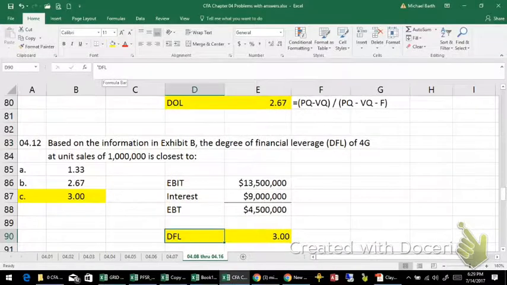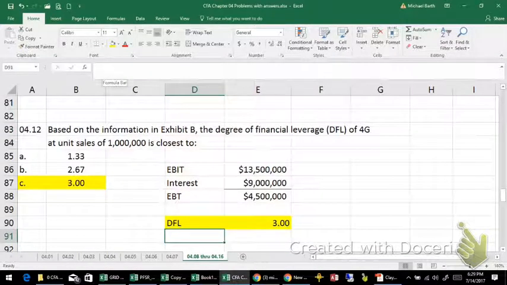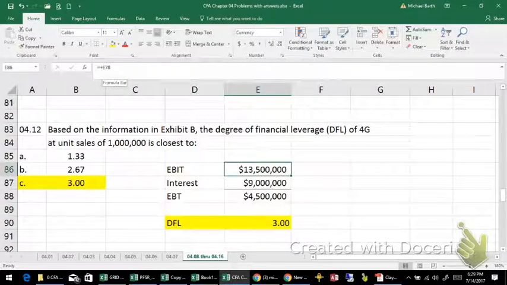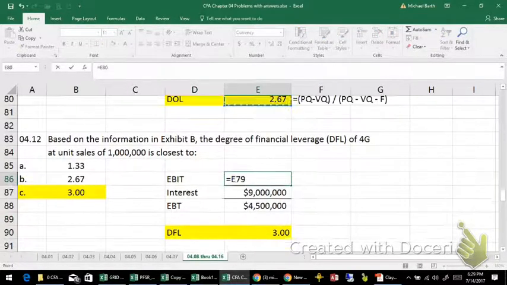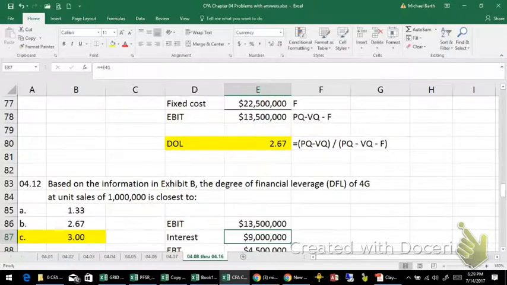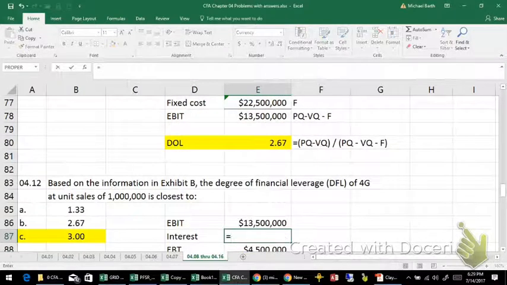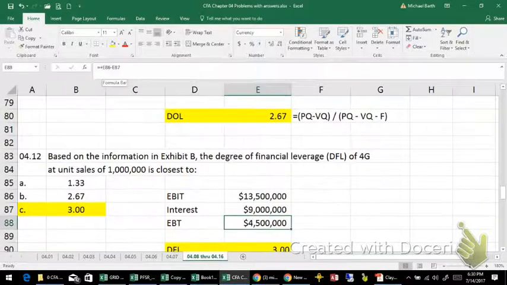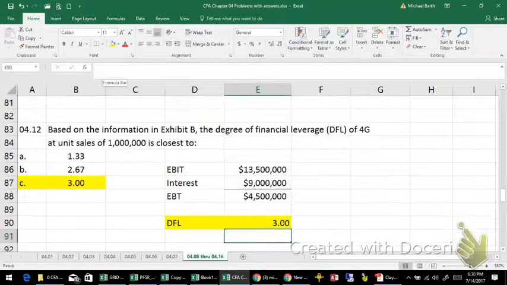All right, 4.12, based on the information in Exhibit B, the degree of financial leverage for 4G at this unit sales is closest to, well, we just calculated the operating income. Exhibit B gives us $9 million of fixed financing expenses, basically interest expense, then we have taxable income of $4.5 million.